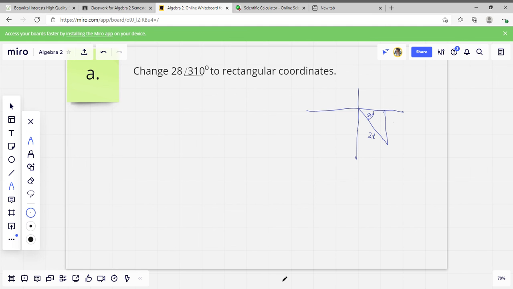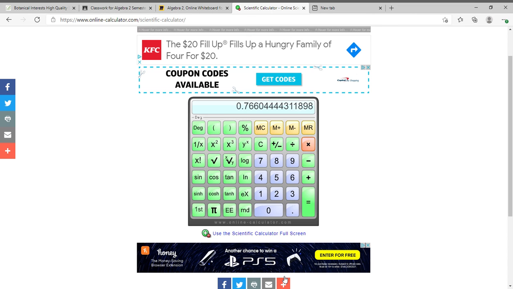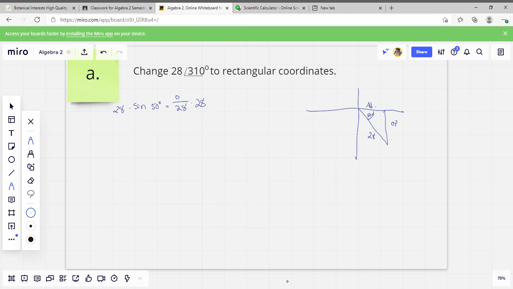So our opposite is here, and our adjacent is here. So we got sine of 50 degrees equals our opposite over 28. So we need the sine of 50 times 28. 21.45. So that's our opposite right there, 21.45.